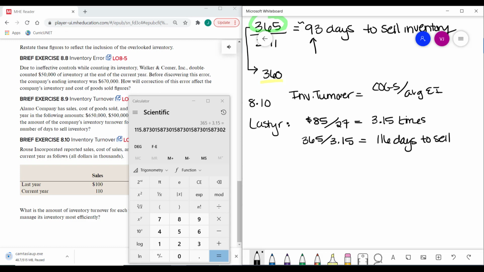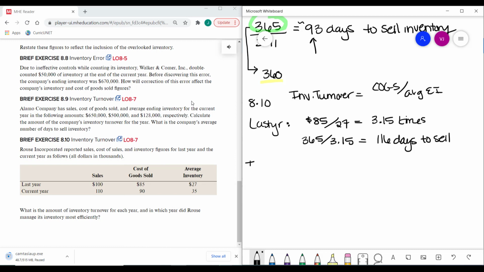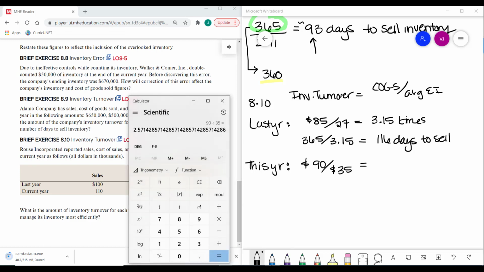to sell our inventory. Now let's compare that to this year. What's this year's cost of goods sold? $90,000. And what is this year's average inventory? $35,000. So we'll do 90 divided by 35. So we were turning inventory over about 2.57 times within this year.